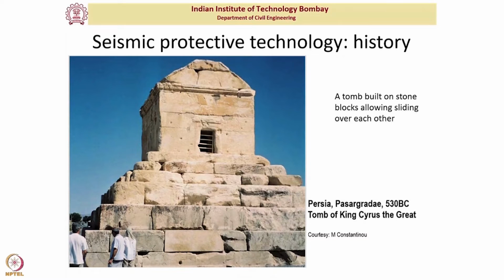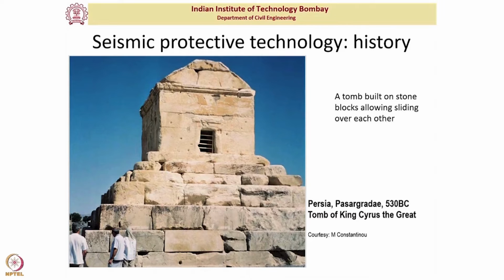To support my argument, what I'm showing you right here is a very old structure. It is a tomb built on stone blocks, in Persia, and as you know, that region is very prone to earthquakes. This is from around 530 BC. This is the tomb of King Cyrus the Great.